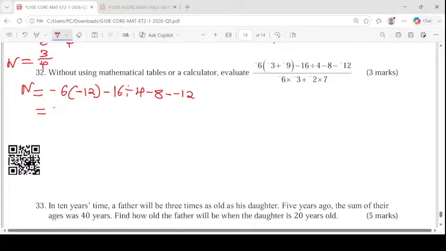So this will be 72 minus 16. Divide this by 4 minus 8 minus negative 12.